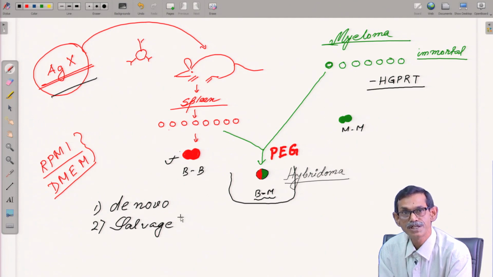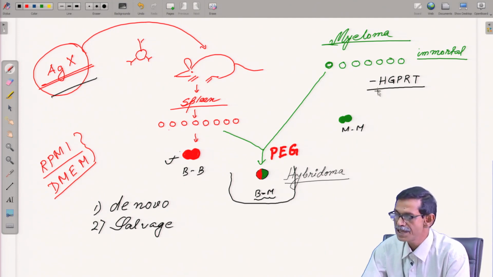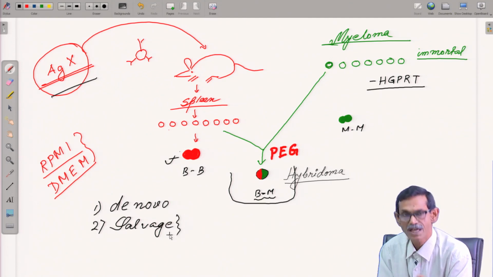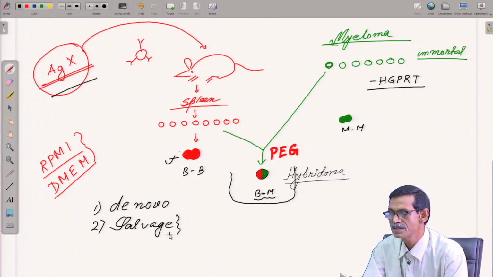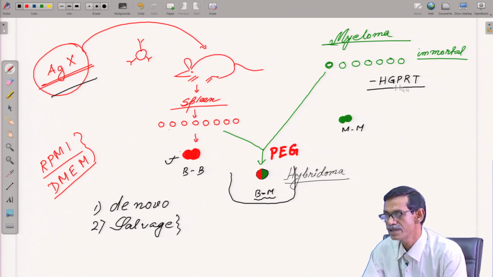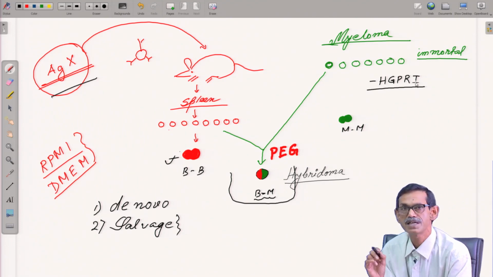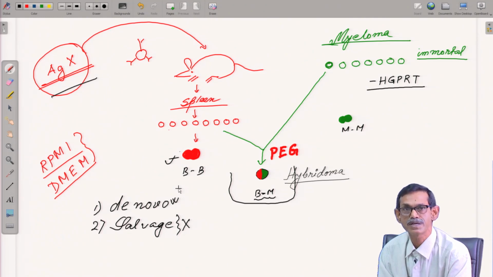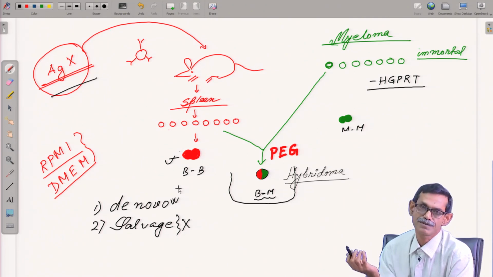This HGPRT is a very important enzyme of the salvage pathway. This myeloma cell lacks this key enzyme HGPRT, so they cannot use the salvage pathway. But they do not care normally, because their de novo pathway is active, so they can make their nucleotides and survive.